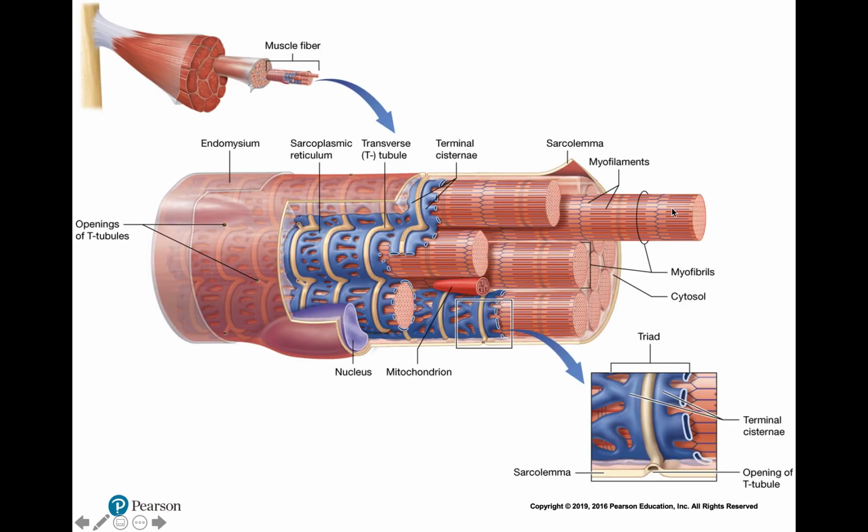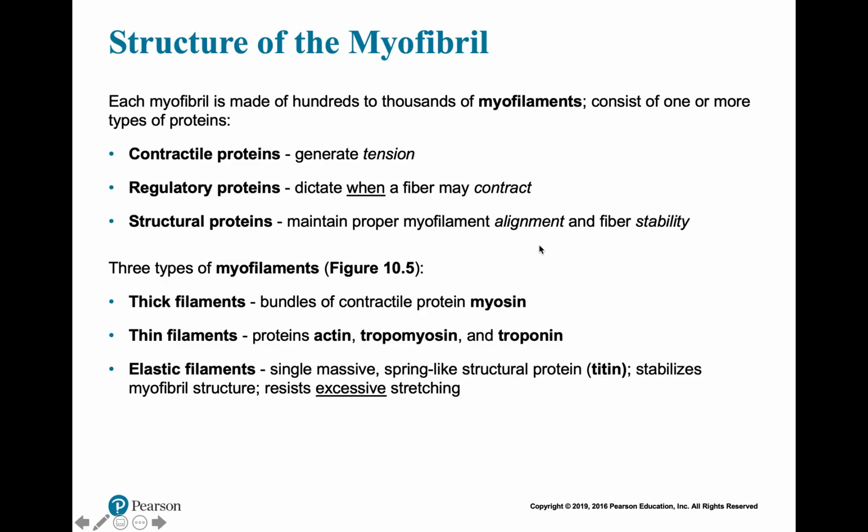So here, this whole thing is a myofibril, and these myofibrils are composed of myofilaments called actin and myosin. Just to make sure you understand that. The myofilaments are going to be primarily actin and myosin, which are the contractile proteins. Regulatory proteins, this is going to be troponin and tropomyosin.